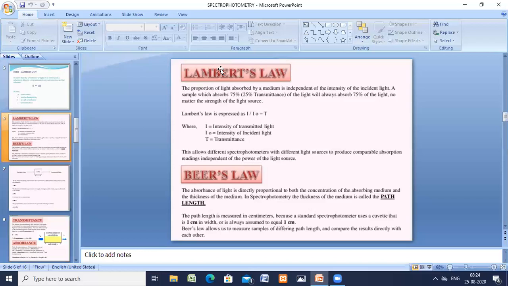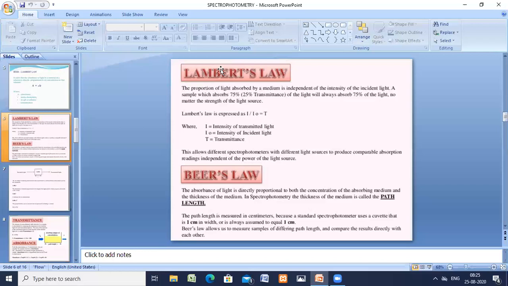The light which is having only one wavelength is called monochromatic light. So when monochromatic light passes through the medium, whatever is transmitted, the transmittance is decreasing. The decrease in the intensity of the light after passing through the medium is proportional to the thickness of the medium.